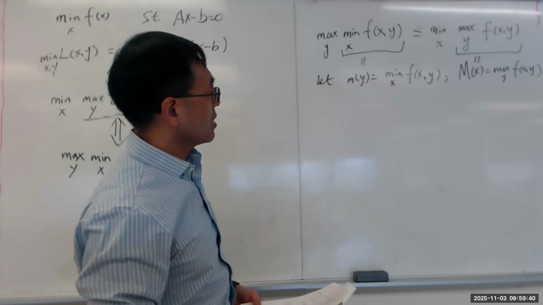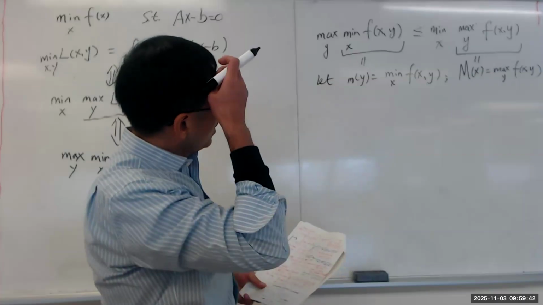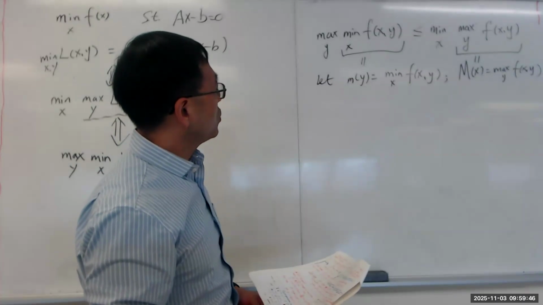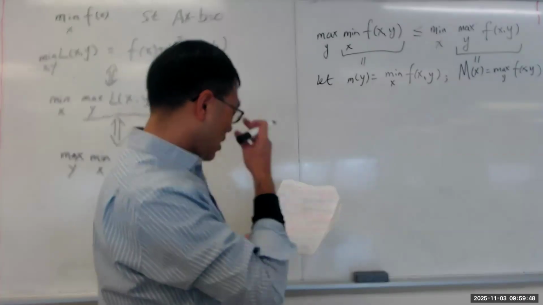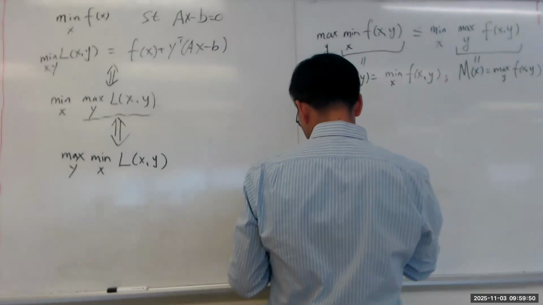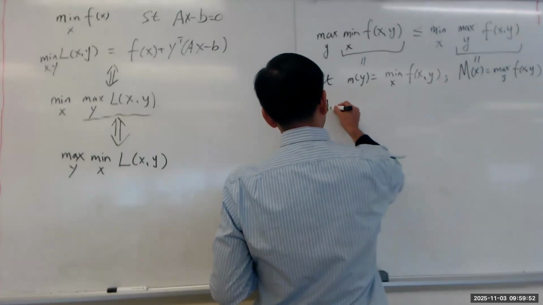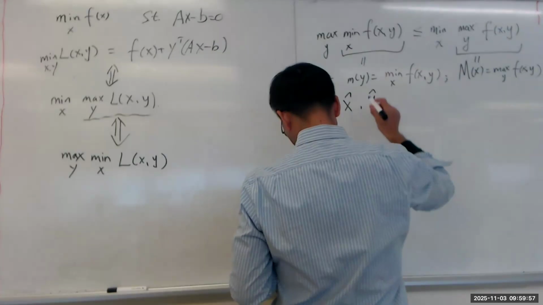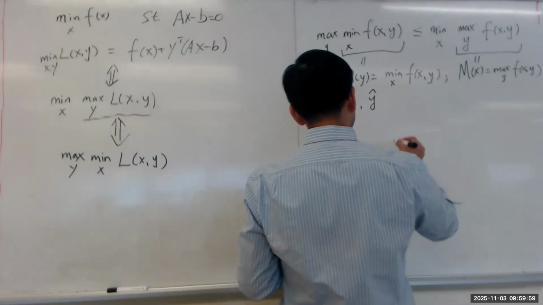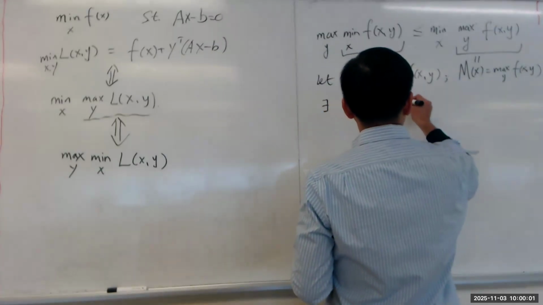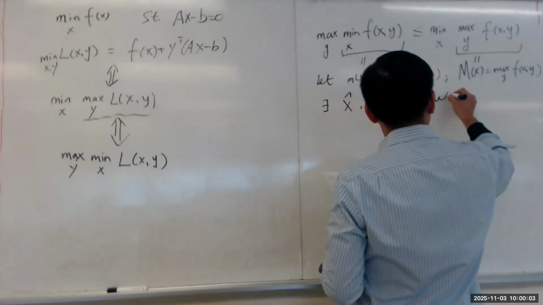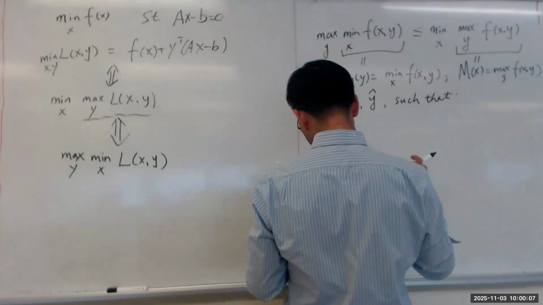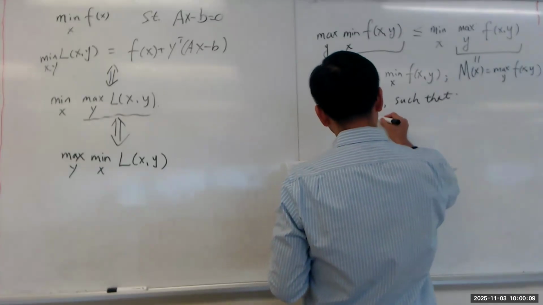So now I'm just using min-max. Essentially, in most cases you can treat them as the same. But here we can say there always exist two values x hat and y hat such that we can always find this.